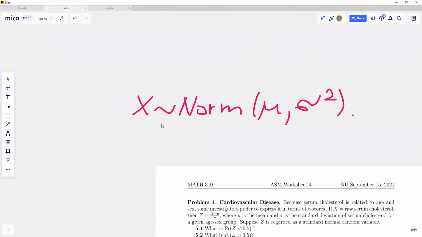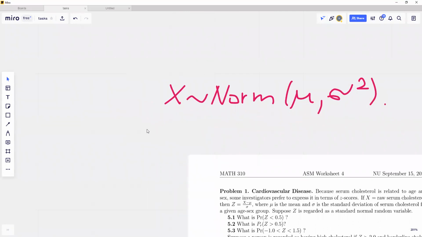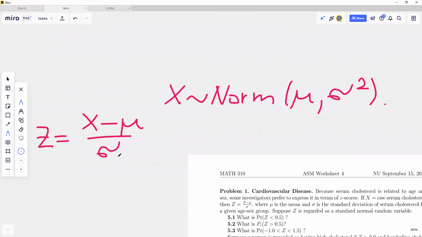Let's assume that we have random variable X following normal distribution. Then if we apply the following transformation, X minus mu divided by sigma, then this random variable will follow standard normal distribution with mean 0 and variance of 1.